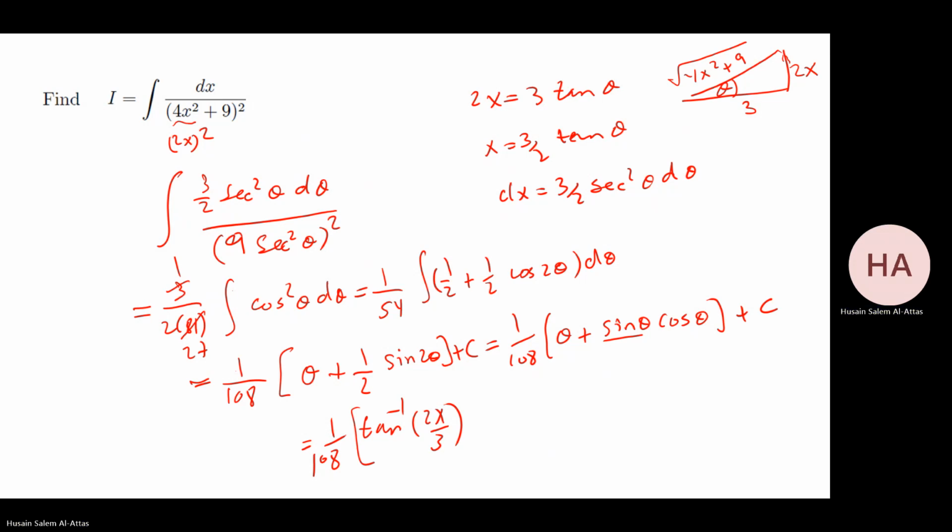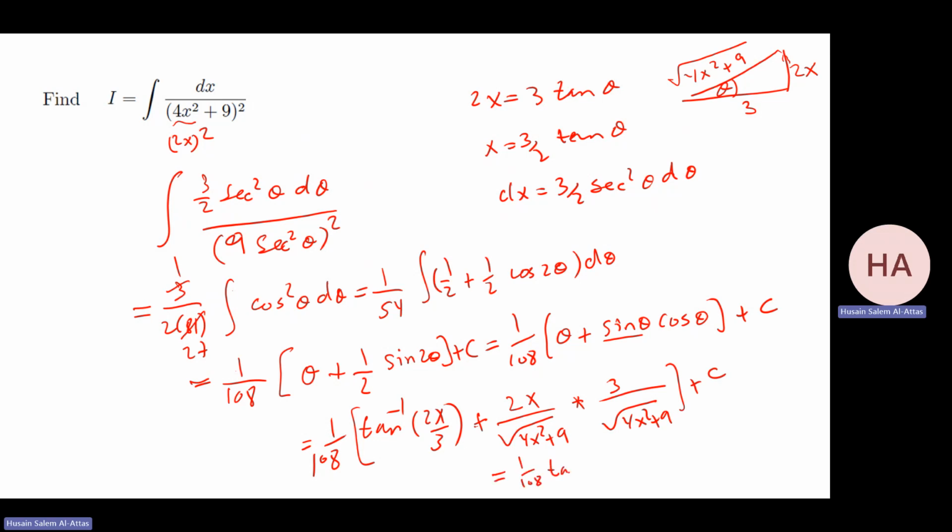This is sine. Sine is what? It will be 2x over this, times 3 over this, plus c. So what do I have? 1/108 tan inverse of 2x/3.